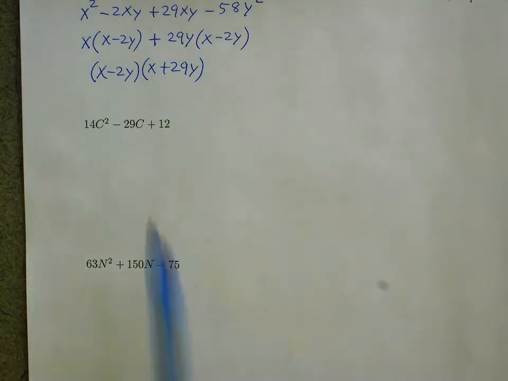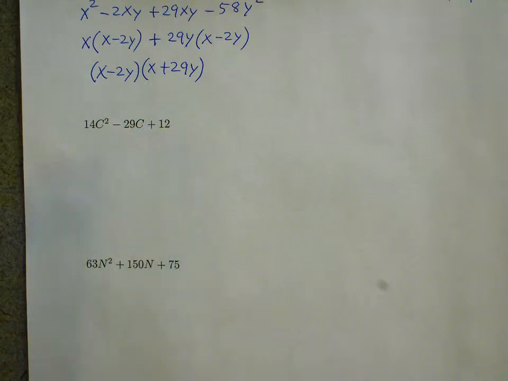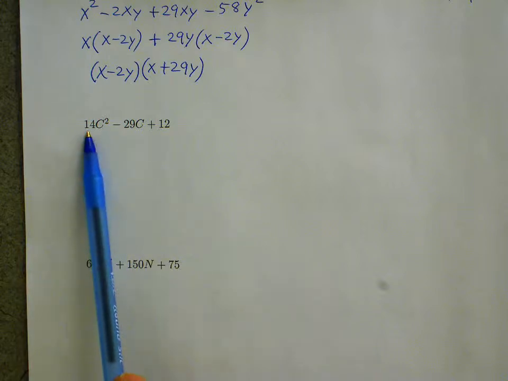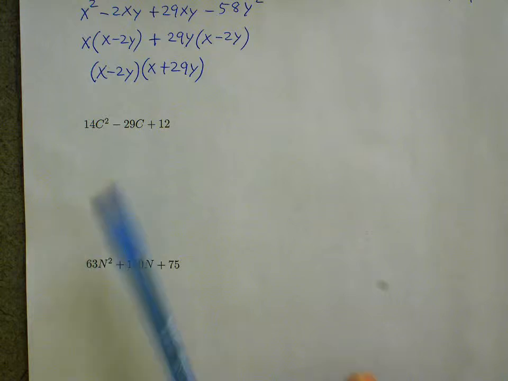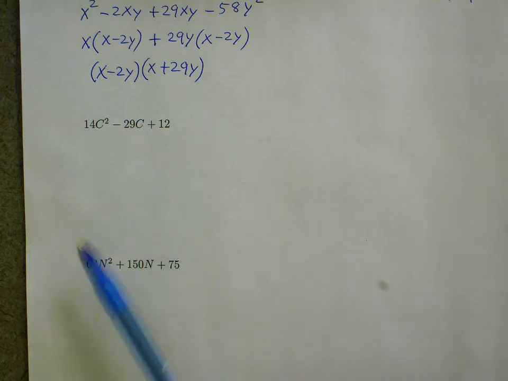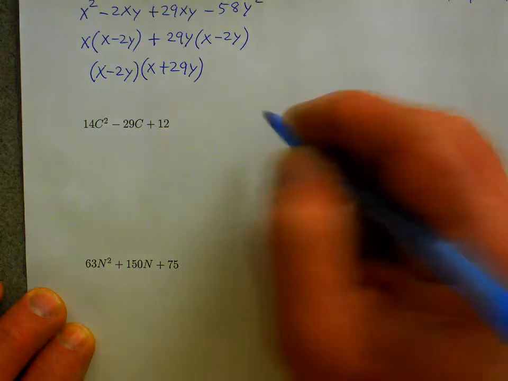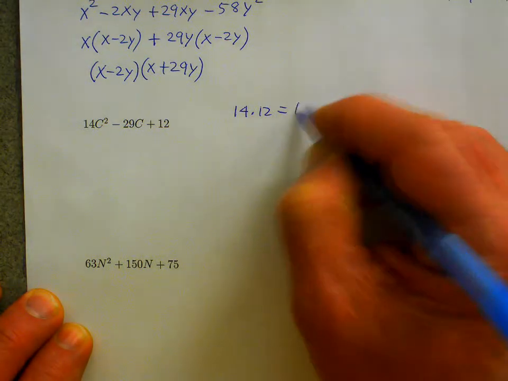All right, let's go through this step by step. The greatest common factor of all three terms is 1. This doesn't look like a special form of any kind, so we try the AC method. 14 times 12 is 168.